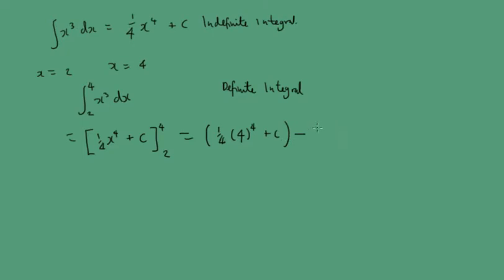But for now, we've done the first one, 4 to the power 4. Now we do a quarter 2 to the power 4 plus c. If we work that out, as you can see, the c's will cancel out, and that would give us 60.